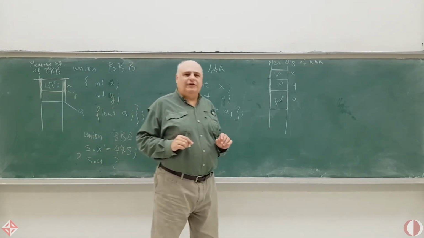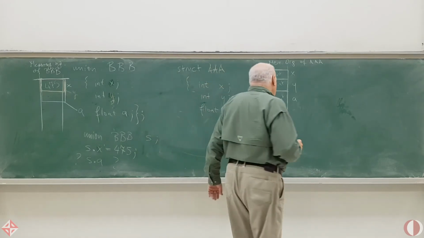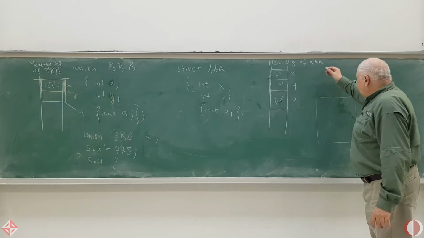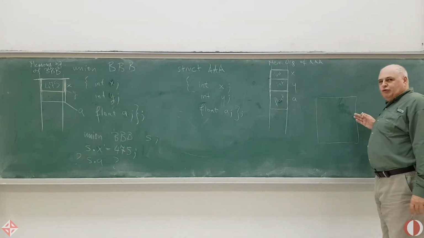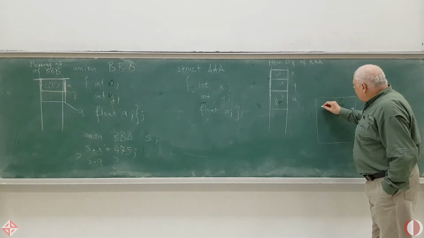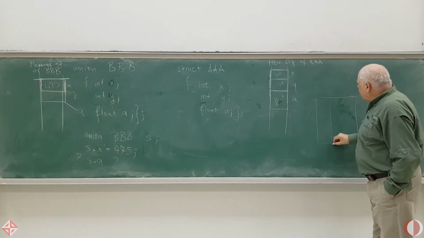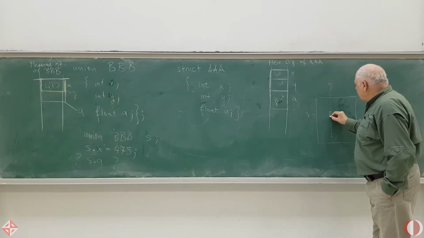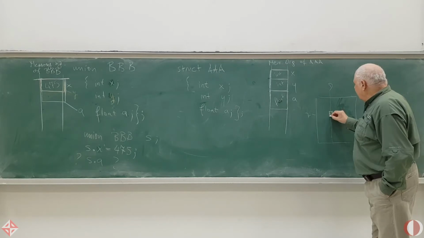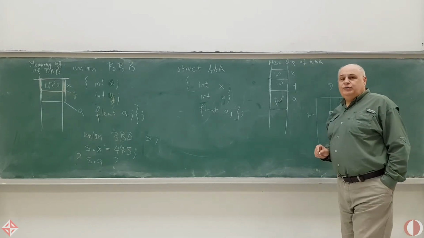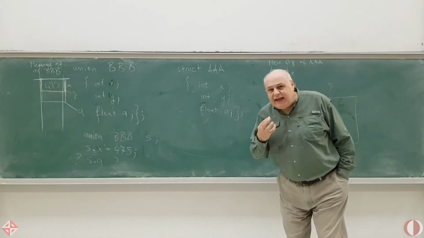What do we have over there? Well, it is something like a matrix. You have columns and rows, and at a column, let's say D7, yes, D7, you can store some data.